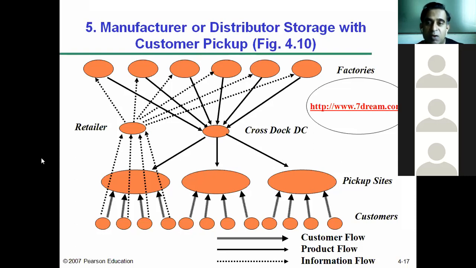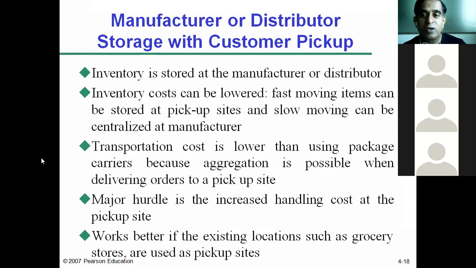We'll consider a couple of points related to that, after which I can take your questions if any. Inventory is stored at the manufacturer or with the distributor, or an intermediary, as I keep saying. It might be a retailer also. Inventory costs can be lowered.